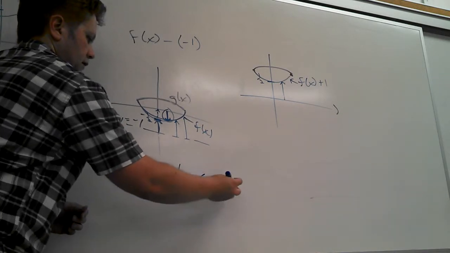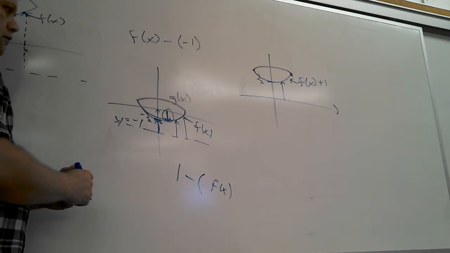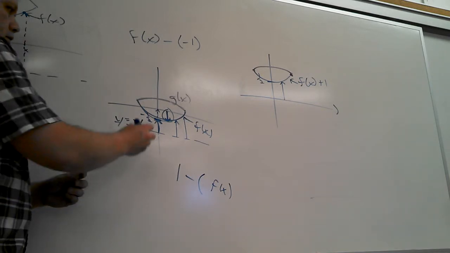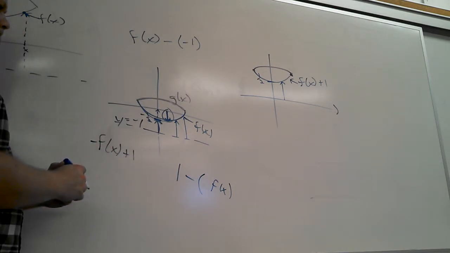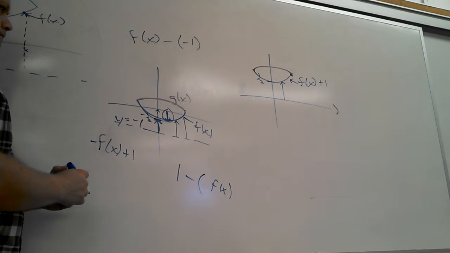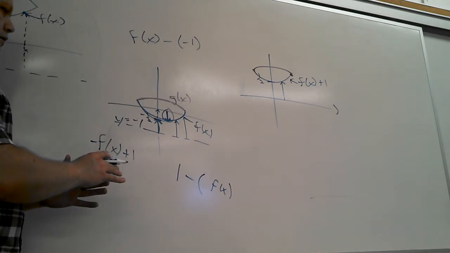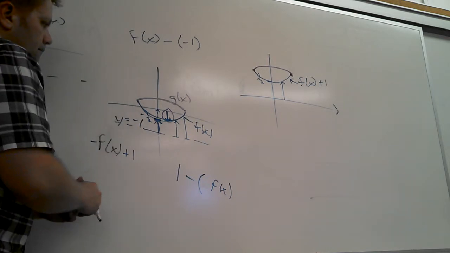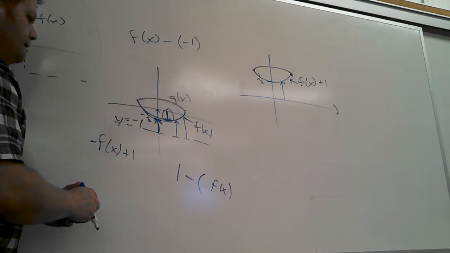Let's see what f of x is now. So it's not negative f of x plus 1. No, it should be that way. I might mess it up here. Minus 1. Oh! I want to see this. Well, that effect is going to be negative because it's on the negative part of the y values, right?